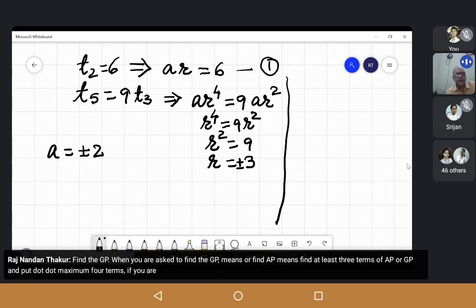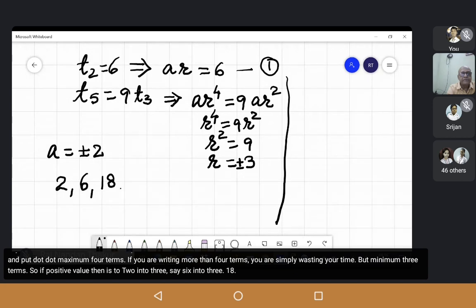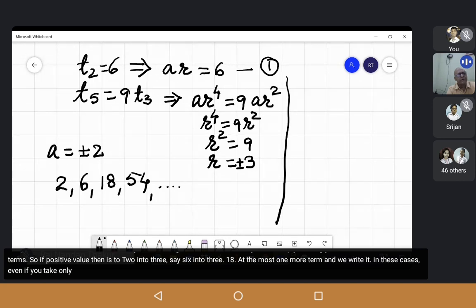If you are writing more than 4 terms, you are simply wasting your time. But minimum 3 terms. So if positive value, then A is 2. 2 into 3, 6. 6 into 3, 18. At the most, 1 more term, and we write it. In these cases, even if you take only positive value, there is no problem.